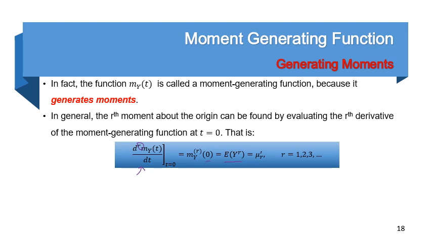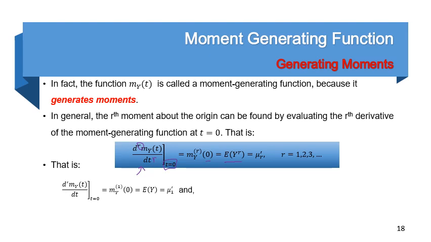Here there is a missing r, so you differentiate with respect to t, r times. If we differentiate once, we get the expectation of y power 1. If we differentiate twice, and for sure we put t equal to 0 after differentiation, we get the expectation of y squared, and so on.